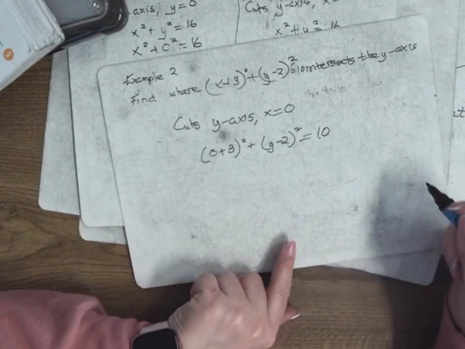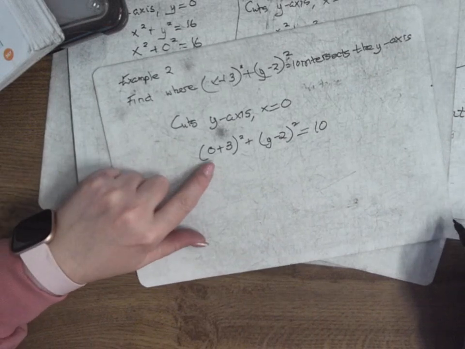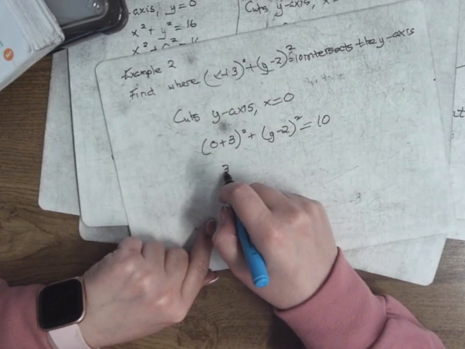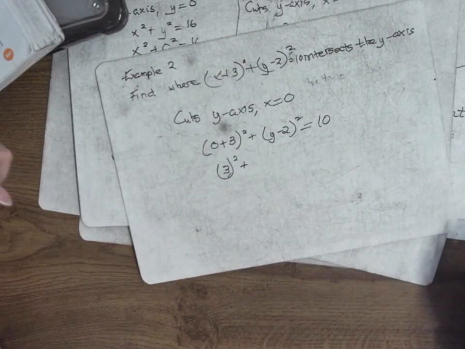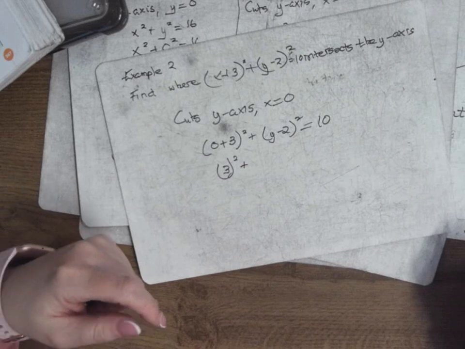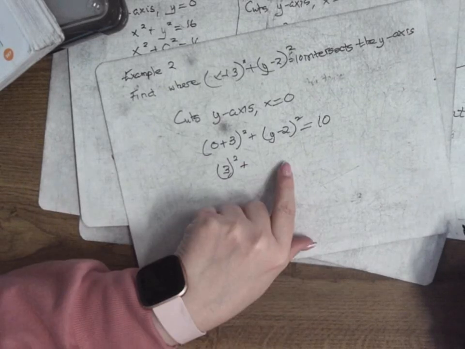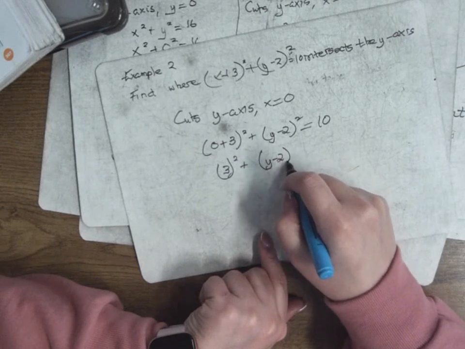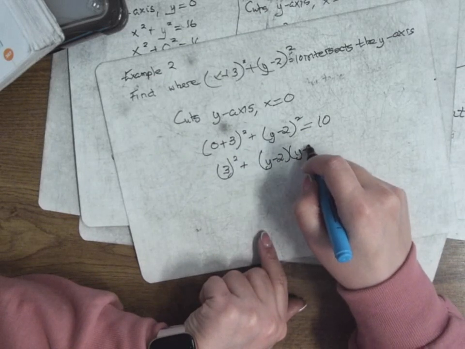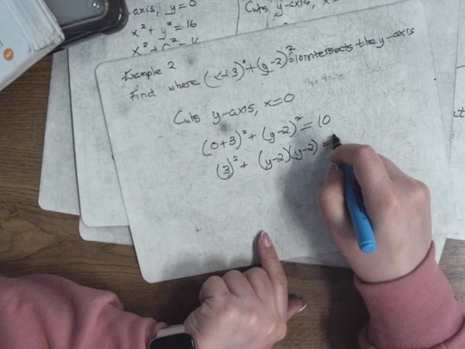Is that alright? 0 plus 3 in that bracket is just 3, so that's 3 squared. Now, to solve this one, it's not as easy as the last one. We have to square out brackets. So what are we squaring out? Y minus 2, yeah, exactly. Y minus 2 multiplied by y minus 2, equals 10.